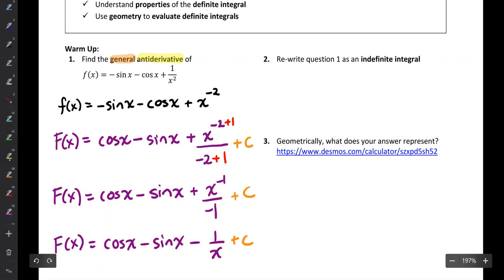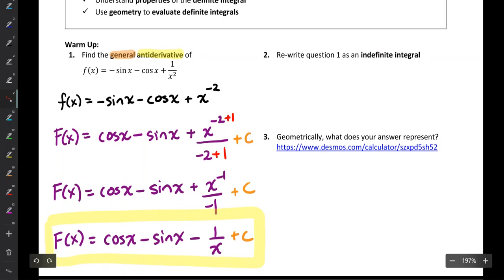So there is that general antiderivative. Instead of us always having to prompt the reader to find the general antiderivative, we have another notation for asking that question, and that's the indefinite integral.